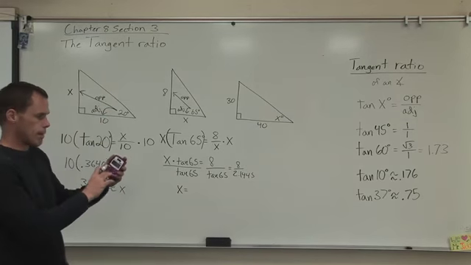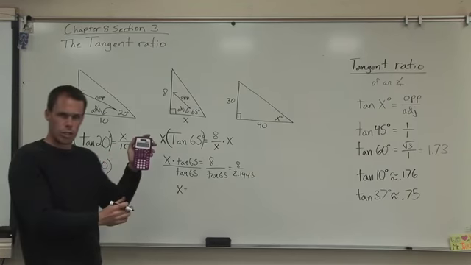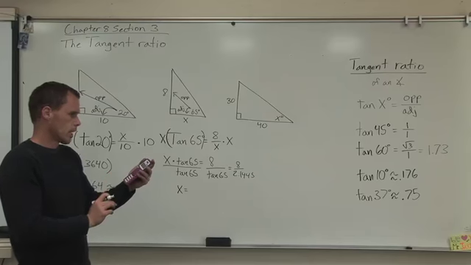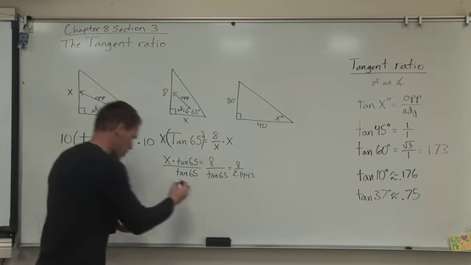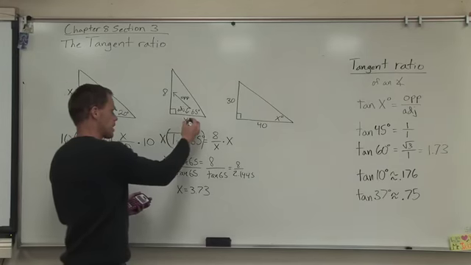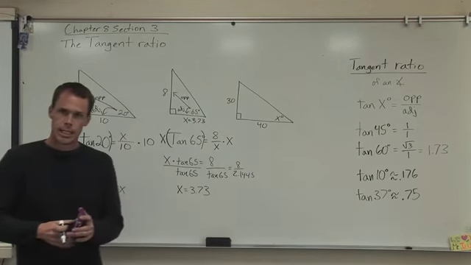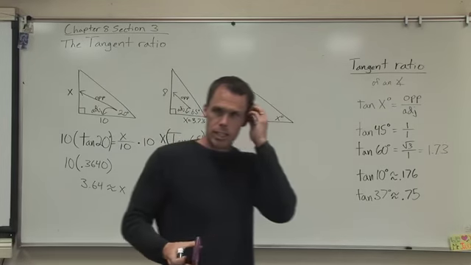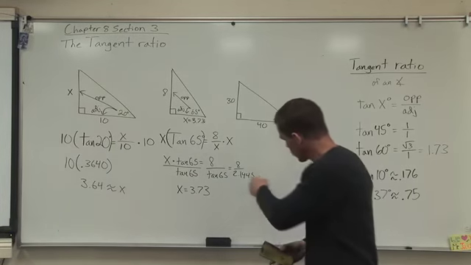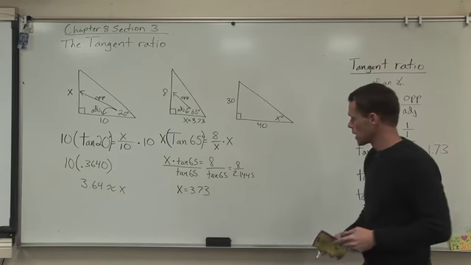But I can usually type into my calculator 8 divided by the tangent of 65 degrees, and my calculator can understand that. So I get 3.73, and I just found what x is. It's approximately 3.73, because the tangent ratio for 65 degrees never changes. It's 2.145. So this has to work.